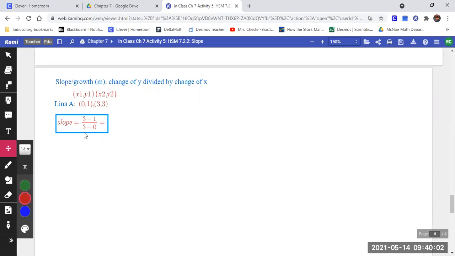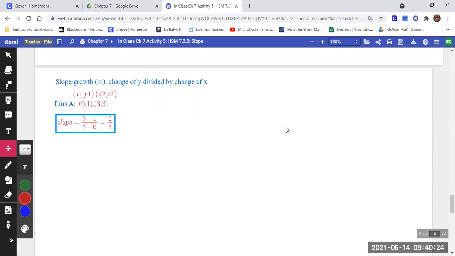Okay, what does the top simplify to? Do the math. 2. What's the bottom simplify to? 3. Okay, we're going to do the same process for B, C, D, E, and F.